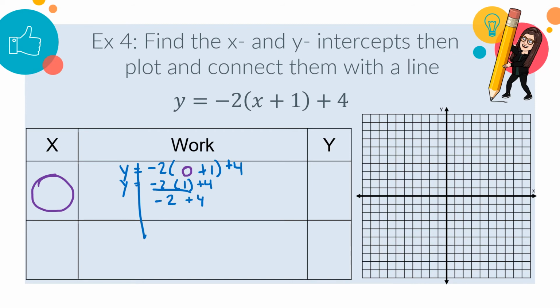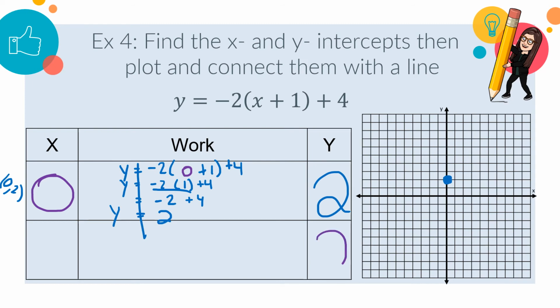Negative 2. What's negative 2 plus 4? 2. Y equals 2. Look, this is a dot. This is 0, 2. Let's go plot it. 0, 2. That's my Y-intercept. I had a Y number, so I have a Y-intercept.